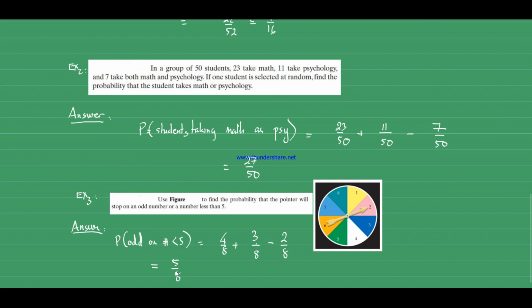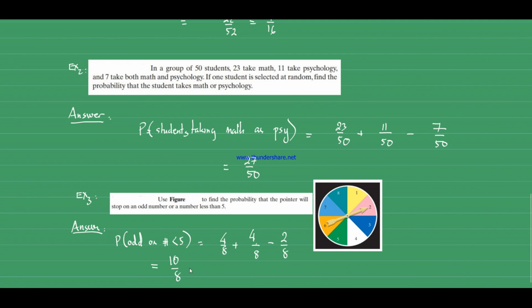Did they calculate wrong over here? How many odd numbers do we have here? 1, 3, 5, 7, so 4 over 8. A number less than 5 is 1, 2, 3, 4. So this is 4. This is wrong right here. So there's 4 of them, so it will be 10. So this will be 10 over here.